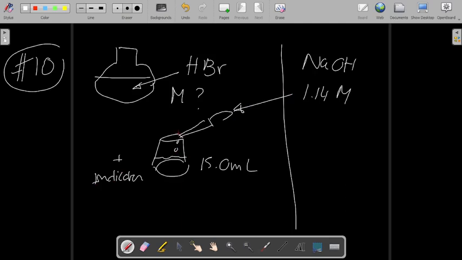You're adding drop by drop by drop until the indicator changes color. How much of the base did you have to put until it changed color? Well, it says in the problem that you put 45.0 milliliters. When you put that many, then it changes color, and then you stop. You found the end of the titration. You're done. That's all the information they give us.